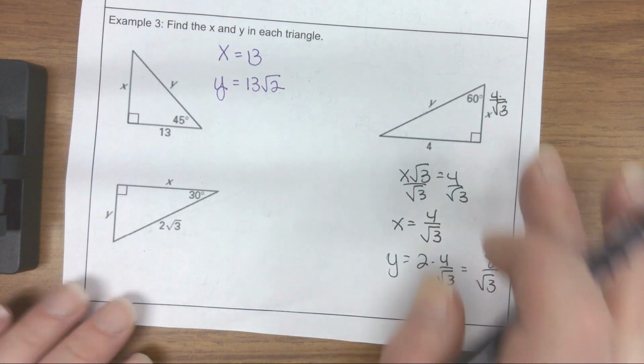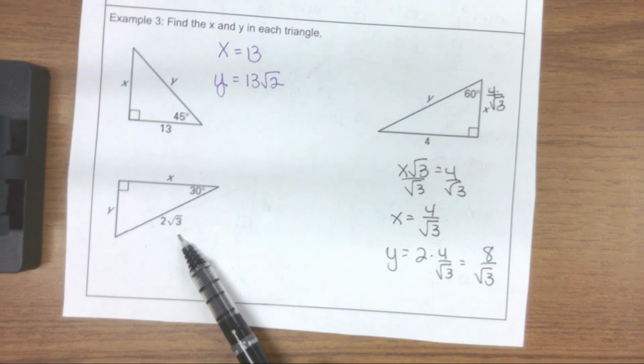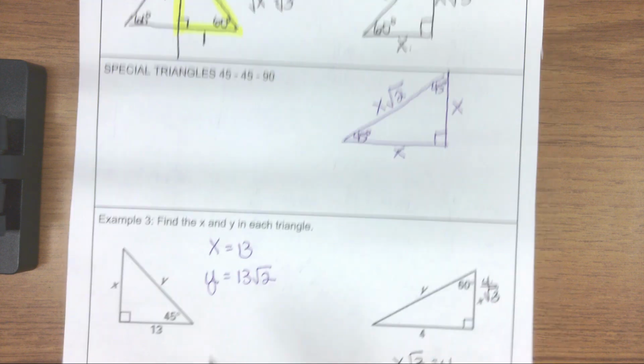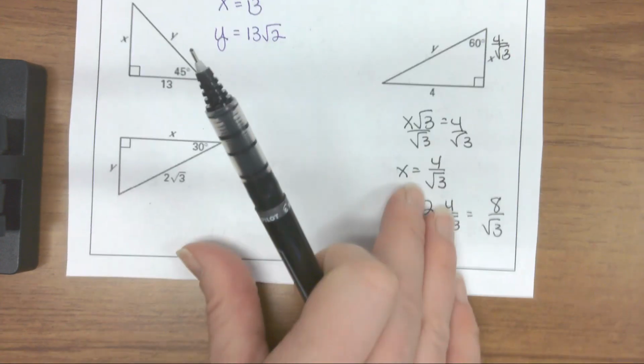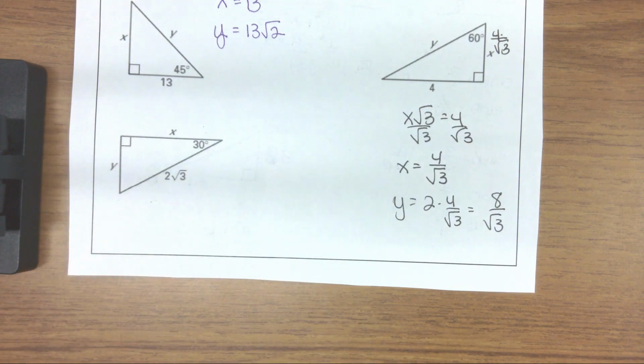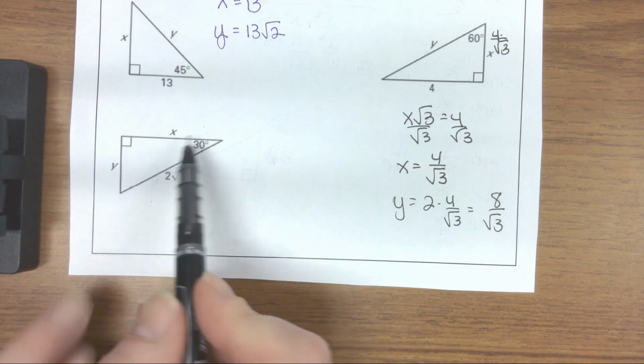I put another one up here where I gave you a different piece. I give you the hypotenuse, right? So the hypotenuse is the one that's double the shortest piece. You guys identify for me, what's the shortest length in the triangle? Which one, x or y? It's y, because it's across from the 30-degree angle.